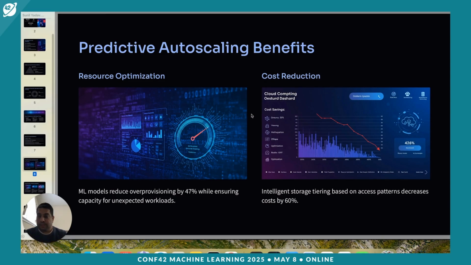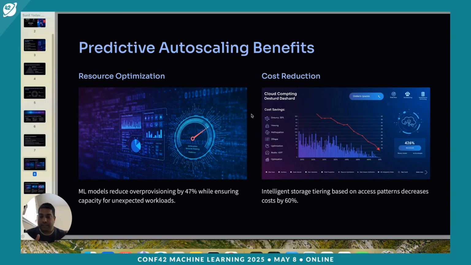So coming to what we have in the slide for auto scaling benefits. One is resource optimization, second is cost reduction. Resource optimization: machine learning models reduce over provisioning by 47% while ensuring capacity for unexpected workloads. Like I said, we don't want to auto scale 24 by 7, 365 days, right?